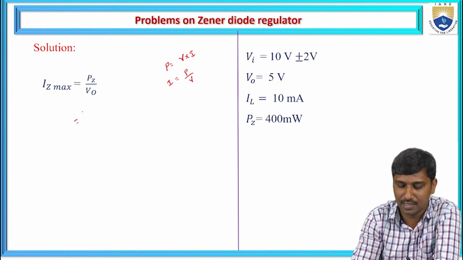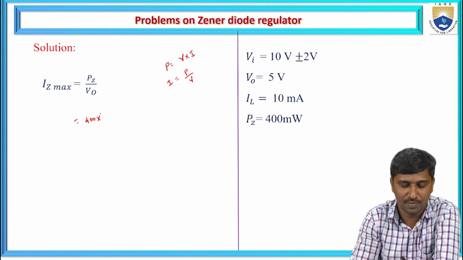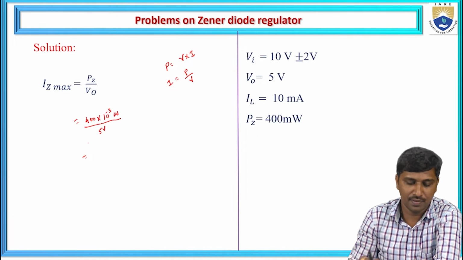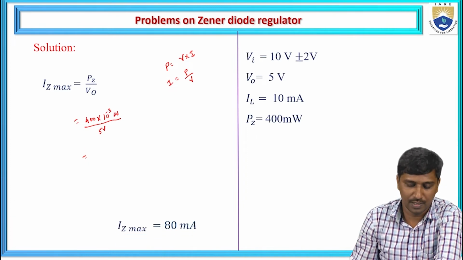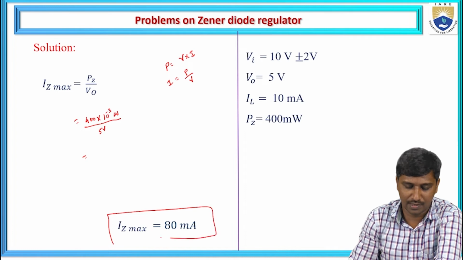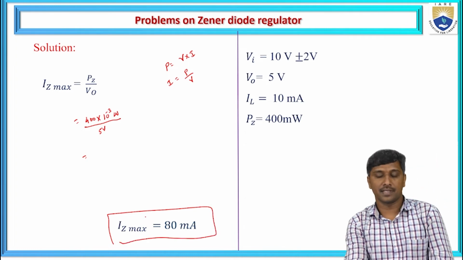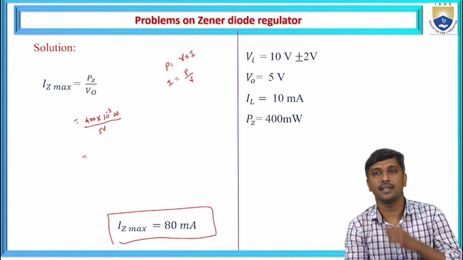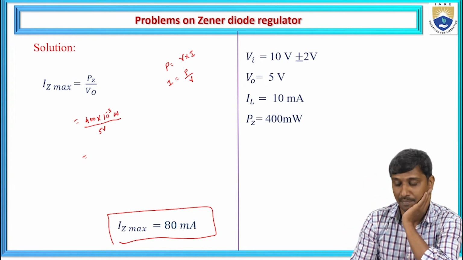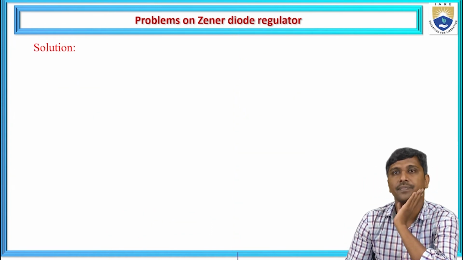For this case, the power across the Zener is 400 milliwatts, that is 400 into 10 to the power of minus 3 watts, divided by the output voltage V0, which is 5 volts. If you simplify this, IZ maximum becomes 80 milliamperes. The maximum Zener current is 80 milliamperes for the given specifications.